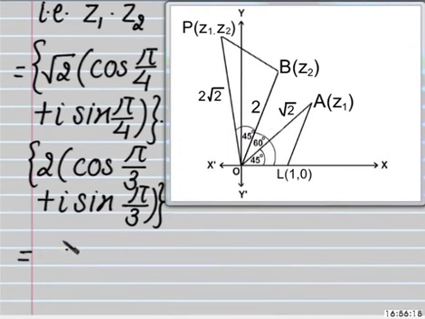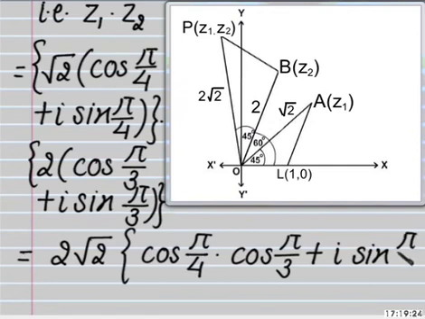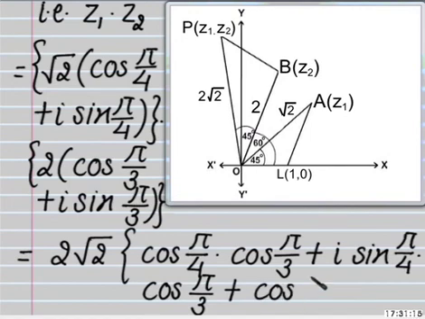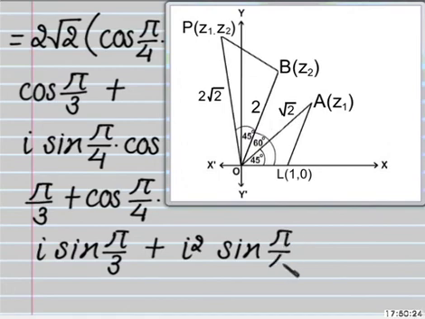That will be equal to 2 into square root 2 into cos pi by 4 into cos pi by 3 plus iota into sin pi by 4 into cos pi by 3 plus cos pi by 4 into iota sin pi by 3 plus iota square into sin pi by 4 into sin pi by 3.